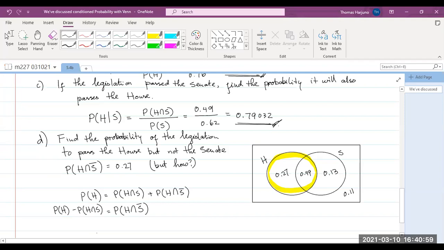It's from the probability to pass the House, which is 0.76, minus the probability to pass both.